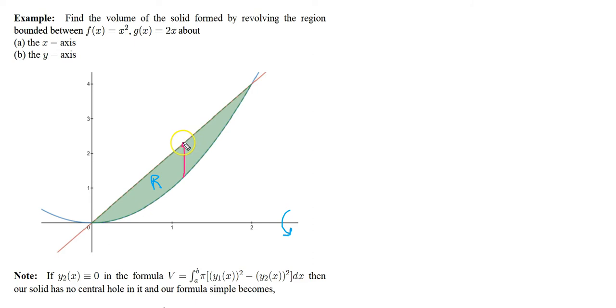So if you want, you could add a little thickness to it to see that it's a rectangle, like that. And then I label points on the end of the rectangle. I'll call this point right here x, y1. And this point right here I will label as x, y2.